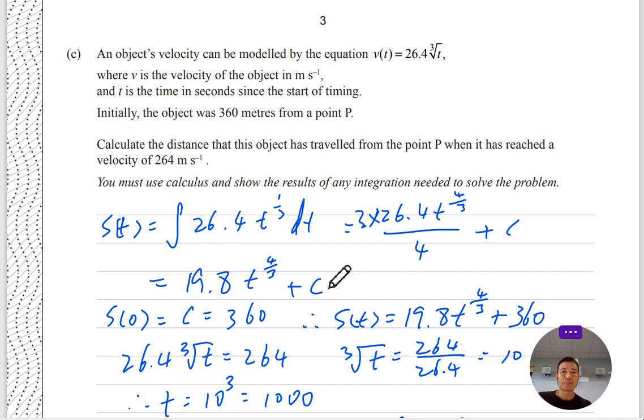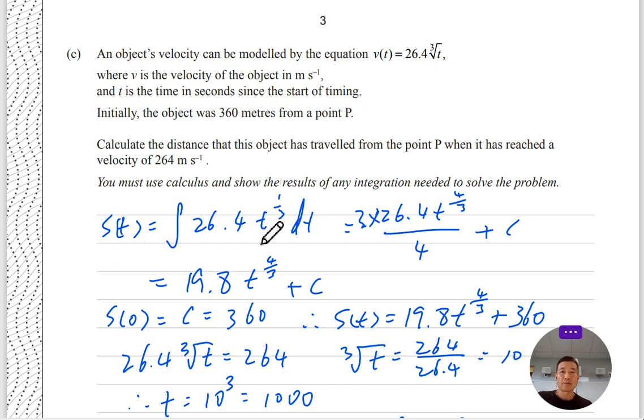All right. Next, an object's velocity can be modeled by the equation v(t) equals 26.4 cube root of t, where v is the velocity of the object in meters per second, and t is the time in seconds since the start of timing. Initially, the object was 360 meters from a point P. Calculate the distance that this object has traveled from the point P when it has reached a velocity of 264 meters per second. So you have to integrate velocity to get the displacement function.